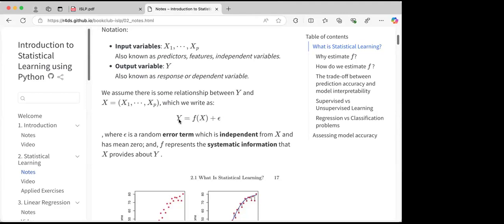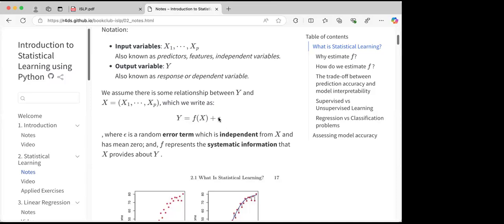y is the response, of course, the output, and x is the input. So think of f as a black box, wherein we just give it x, and then it gives us some prediction or some inference depending on the type of problem we have. It gives us the response.